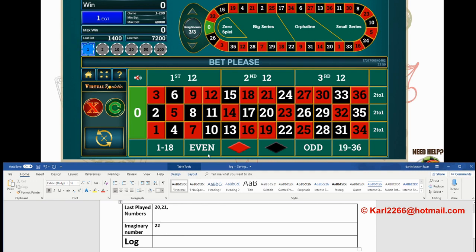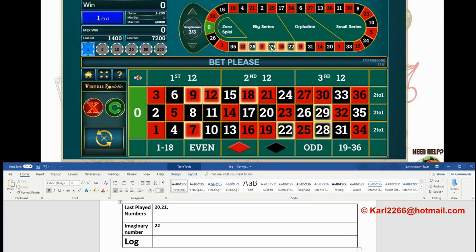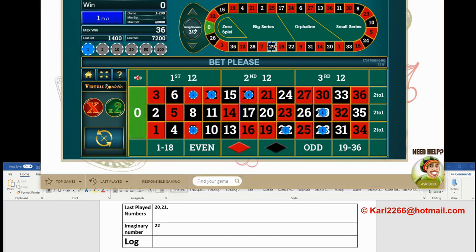What I said, we have to place bets on the terminals from number 22, which are 29 and 17. So we always select 3 neighbors left and right, and place first 3 neighbors left and right from the terminals, which are 29 and 17, and we have to place bet on the neighbors from 22 as well, also 3 neighbors.